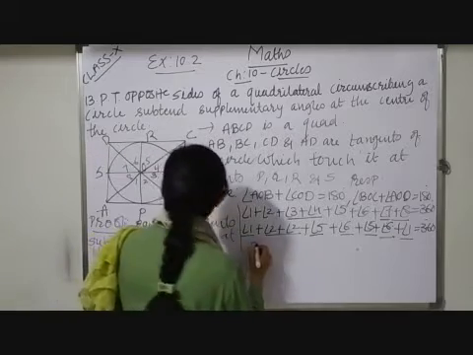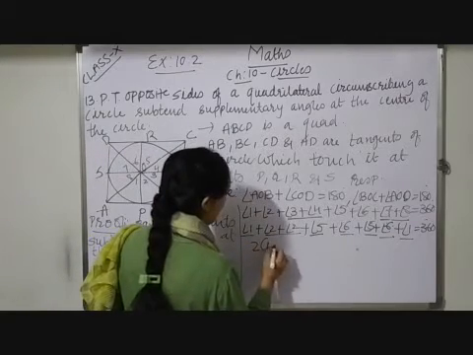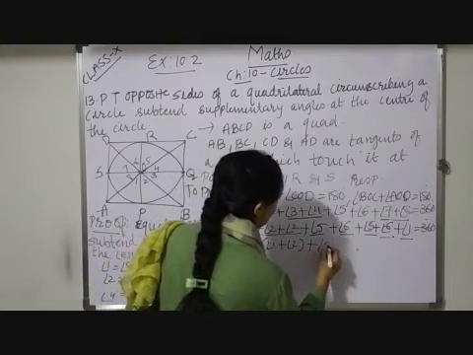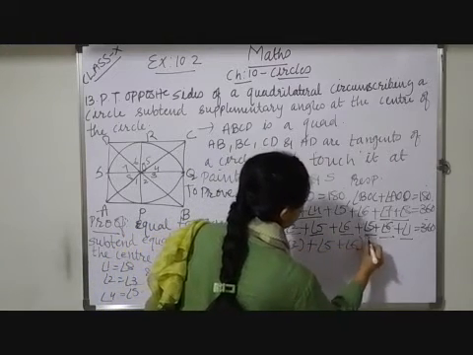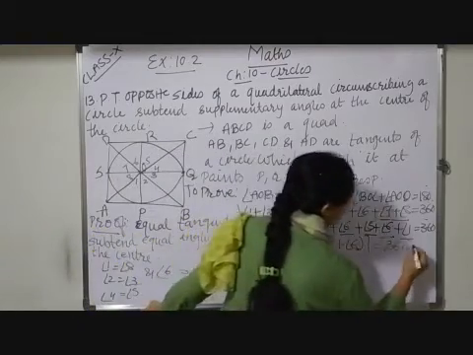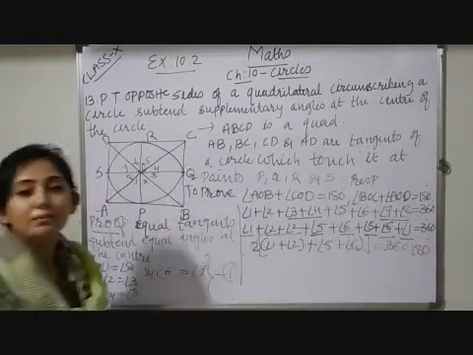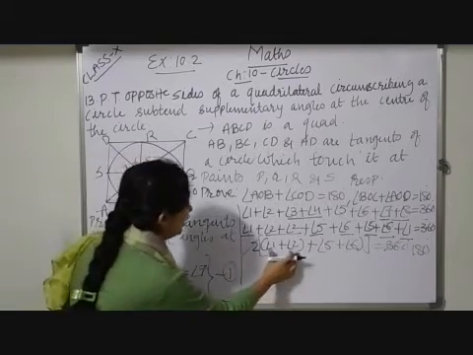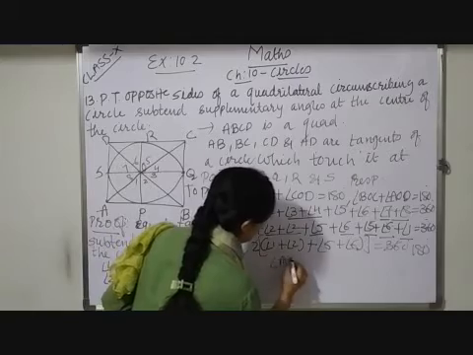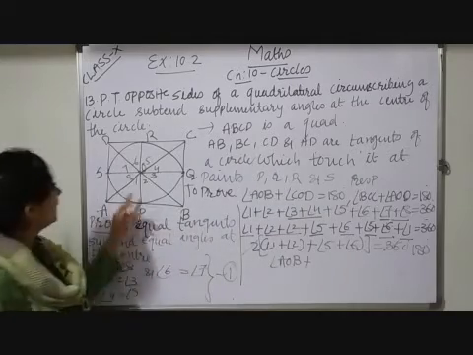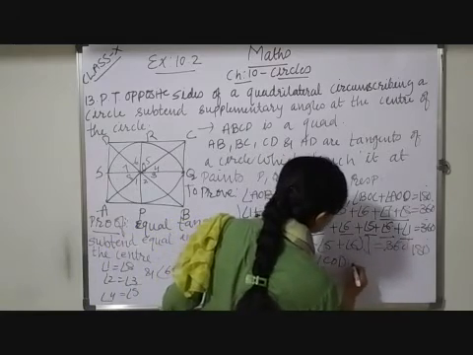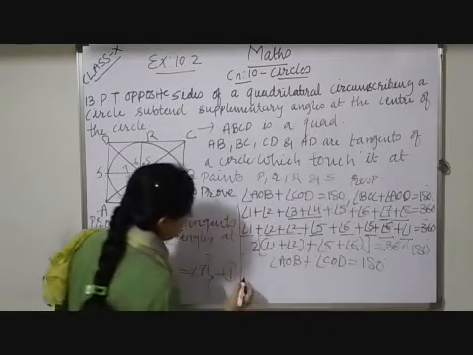So I can write 2 times angle 1 plus angle 2 plus angle 5 plus angle 6 is equal to 360 degrees. So the 2 can be cancelled with 360, giving 180 degrees. Now angle 1 plus 2 is angle AOB, and in place of angle 5 plus 6 I can write angle COD. So angle AOB plus angle COD is equal to 180 degrees.